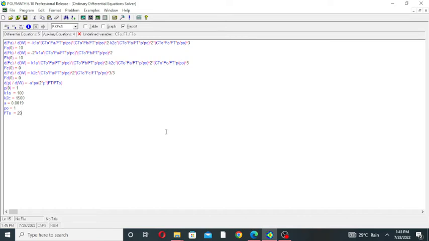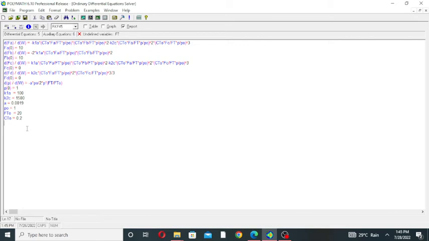Now Ct naught, the initial concentration, is given to us, which is 0.2. Don't write the unit of concentration, pressure, or other flow rate in this interface, only write the numbers.